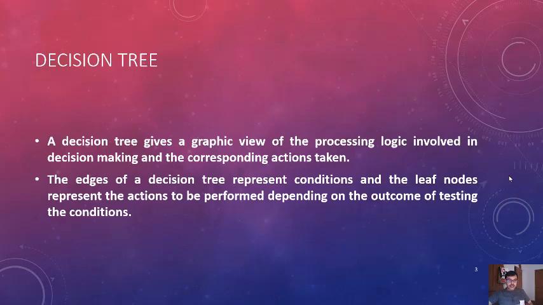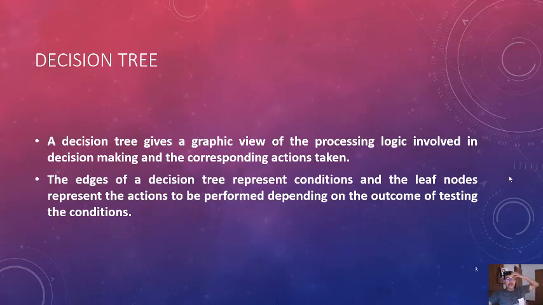A decision tree gives a graphical view of the processing logic involved in decision making and the corresponding actions taken. Each edge of a decision tree represents the conditions, and the leaf nodes represent the actions to be performed depending on the outcome of testing the conditions.